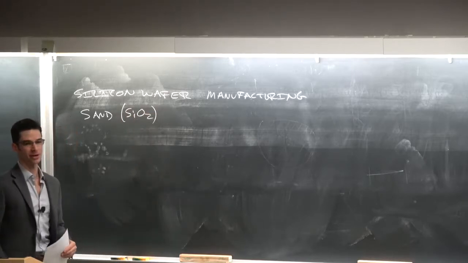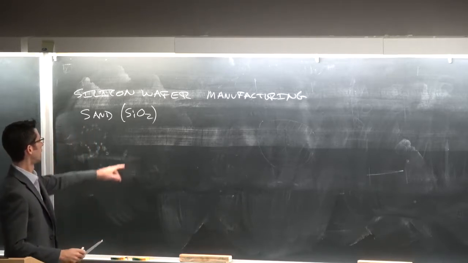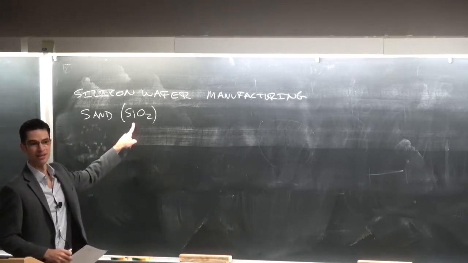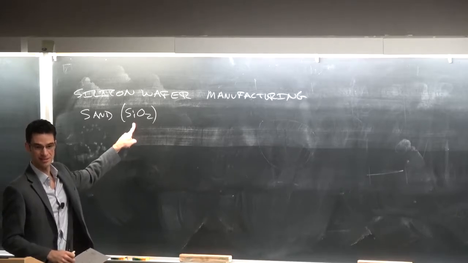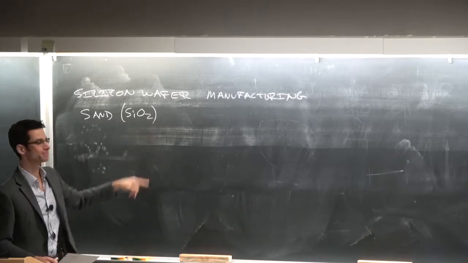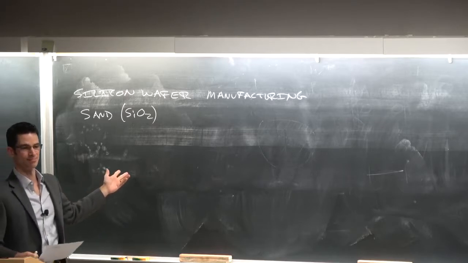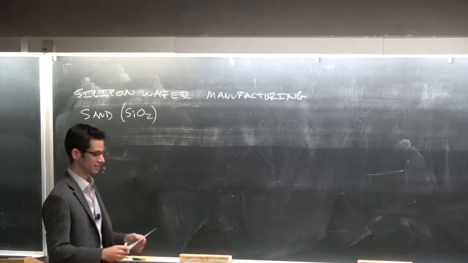It's not going to be pure SiO2, although silicon is the second most abundant element in the Earth's crust, followed by, or the first is actually oxygen. But you're not going to have just silicates and rocks and sand. You're going to have carbonates and all kinds of other minerals and stuff.